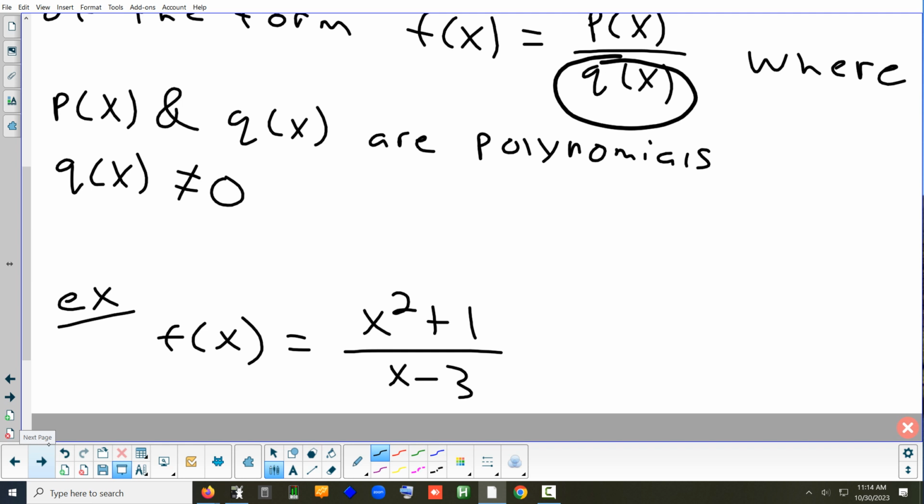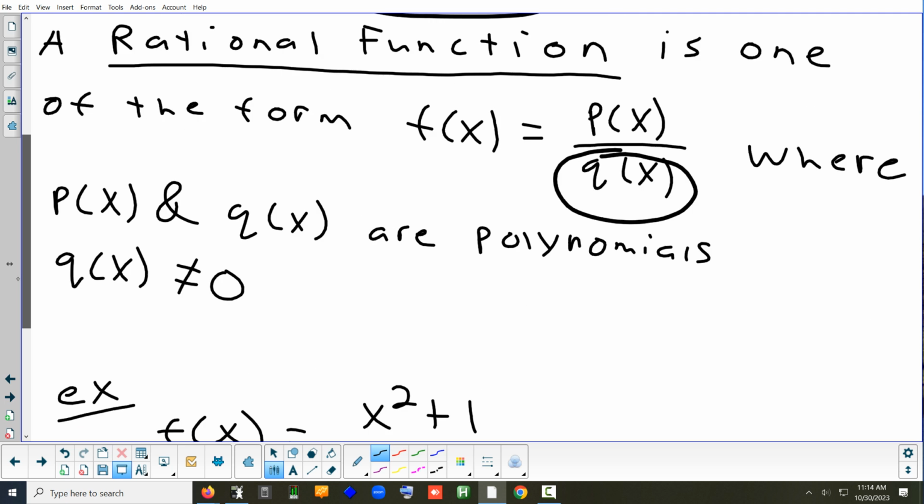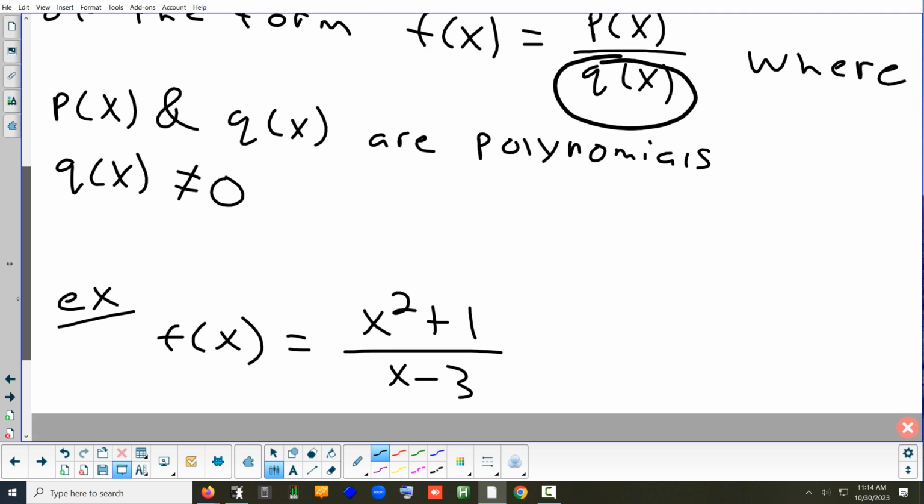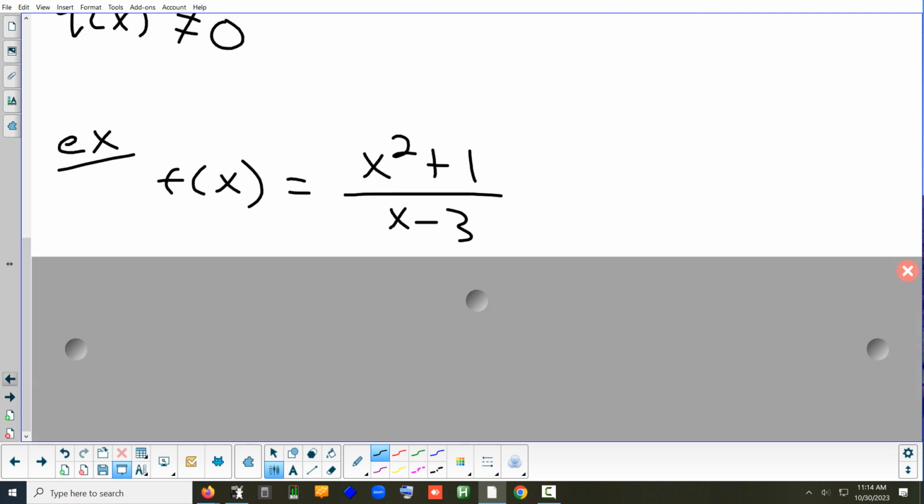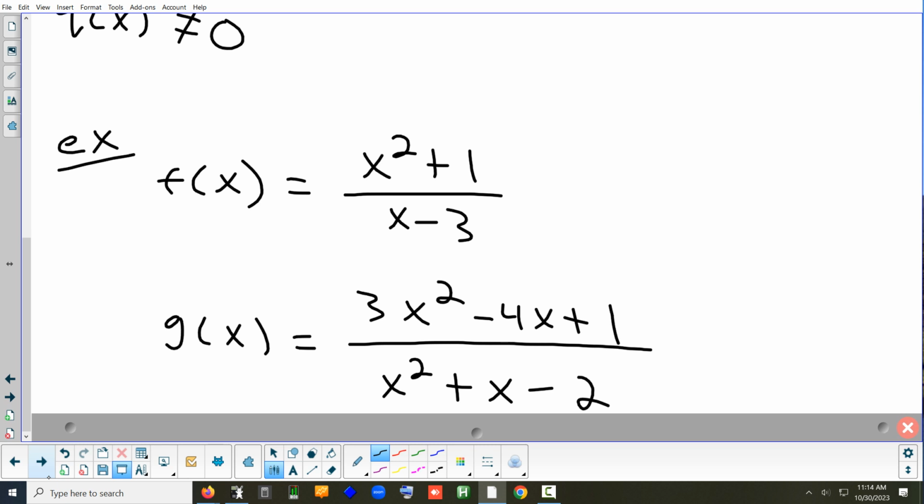Yeah. So here's another example. A little bit simpler than the top ones that I gave. But that's a rational function. There's another one. In one case, the bigger exponent is in the top. In the other case, there is no bigger exponent.